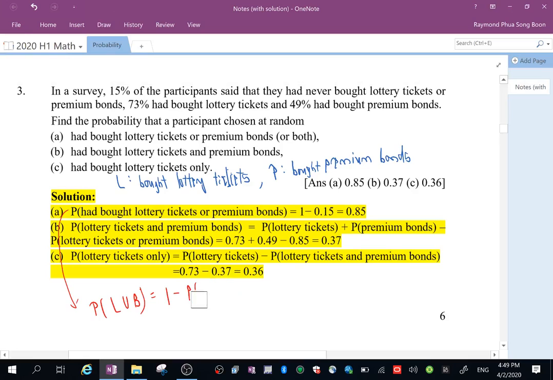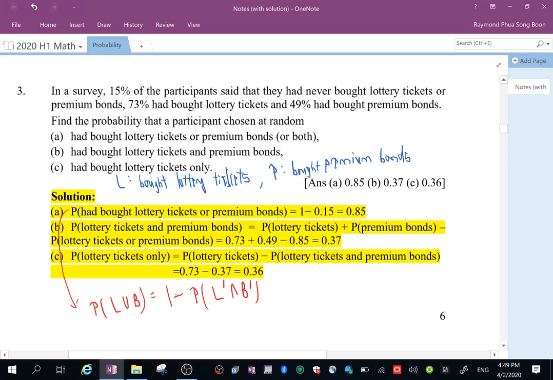So in this case, you will use the total probability, which is 1 minus probability of L prime intersect P prime. So that means this participant has never bought lottery tickets and never bought premium bonds. All right, so that will be 0.15.